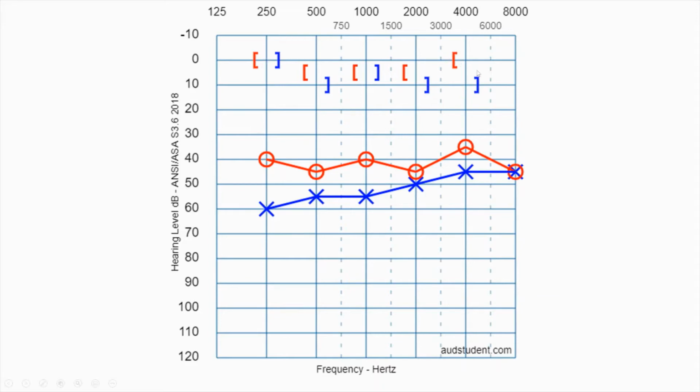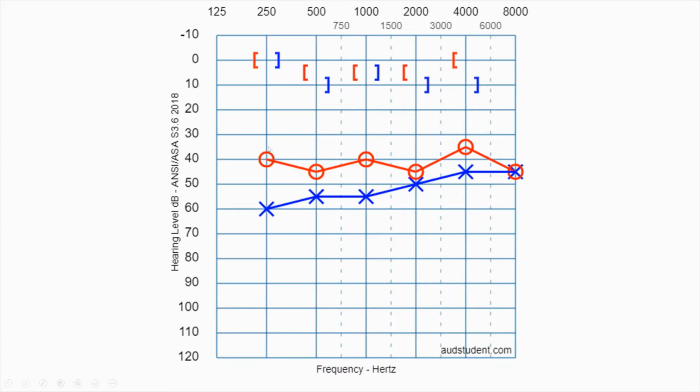So moving on to our second question, is there a significant air-bone gap? Remember, significant meaning anything greater than 15 decibels. So let's start here at our 250 Hertz air conduction threshold specifically, and count how much of a distance there is in between our air conduction and bone conduction thresholds.